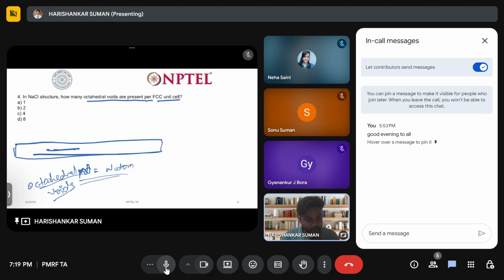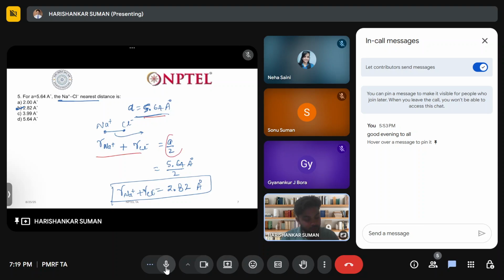And next, for the NaCl structure, how many atoms per unit cell? NaCl has 4 formula units, that's why it will be 4. In the next question, the distance between Na plus and Cl minus we have to find out. So you know the nearest neighbor distance is a by 2. Use this formula, get the answer.